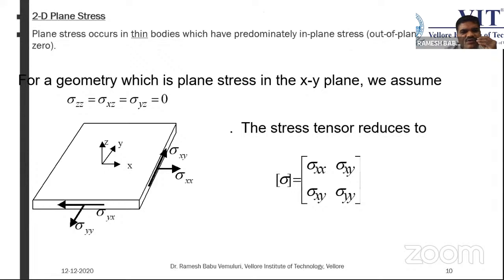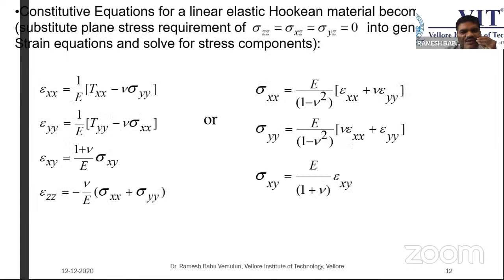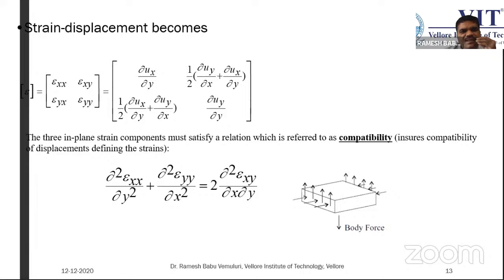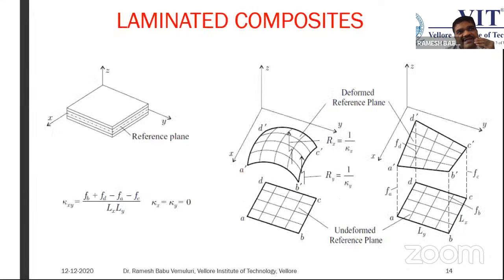For 2D geometry with plane stress and plane strain conditions, the number of stresses is reduced. Plane stress and plane strain conditions can be applied to any sort of membrane or structure.